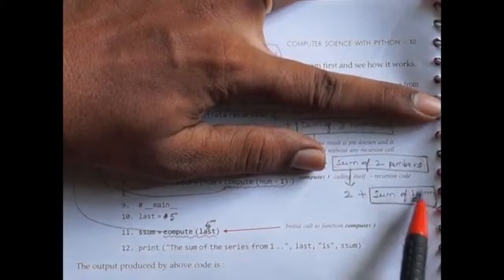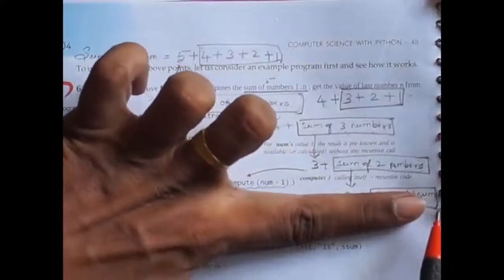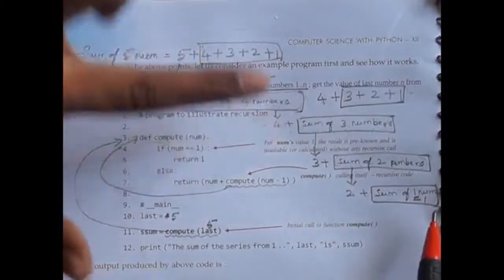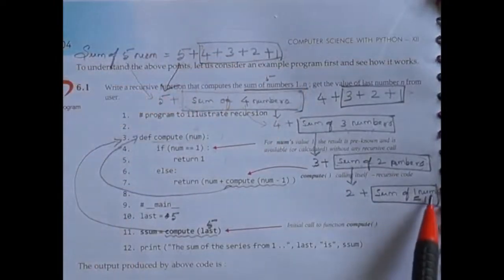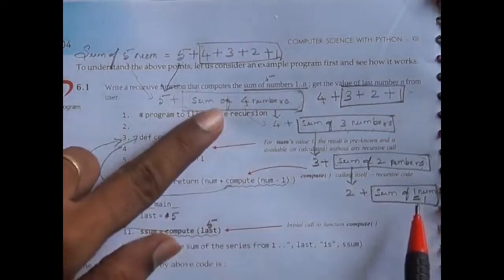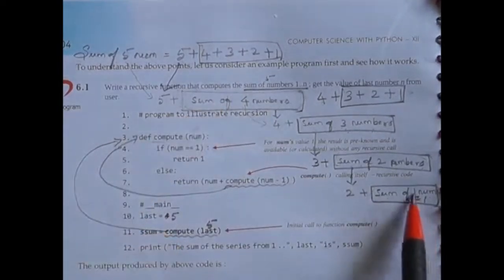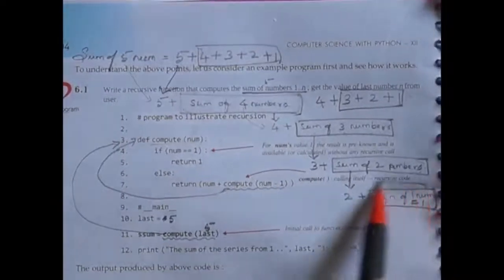So since we find the value of this box, we can find the value of this one, and so we can find the value of this level, and finally we can find the value of this level. Am I right? Suppose if this function value we couldn't execute, we could not find the value for this one. Okay, fine.